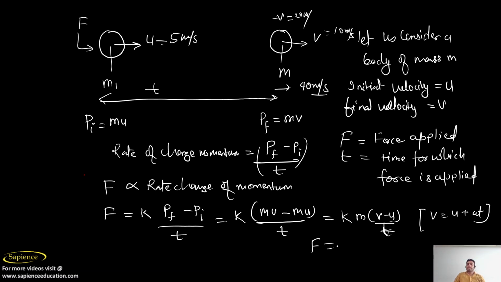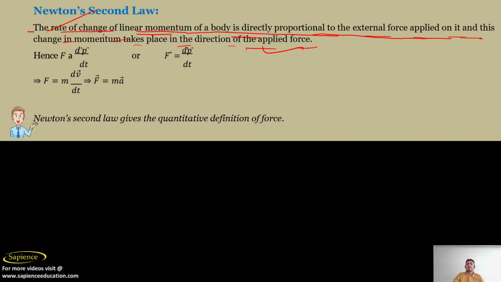So finally F equals kma. Experimentally they have taken K equal to 1, so we get F equal to ma, and this is the mathematical model of Newton's second law.